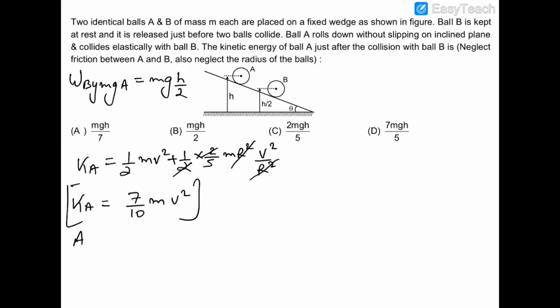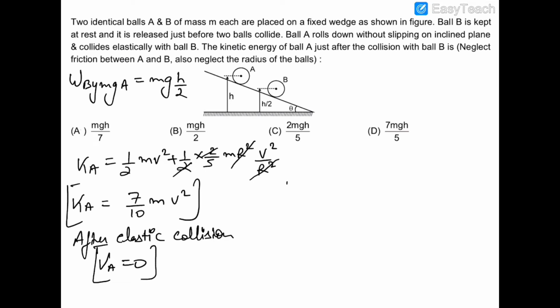Now after collision, elastic collision, we know that the velocities get interchanged. So the velocity of A will become 0, but its angular velocity will still remain intact.